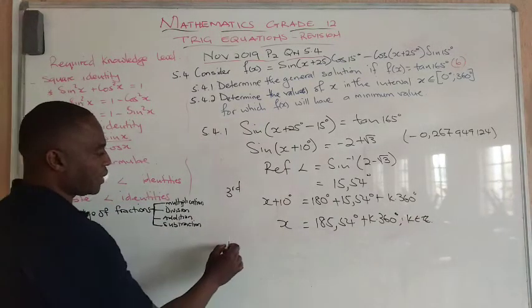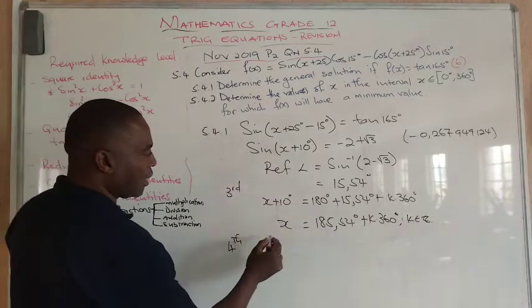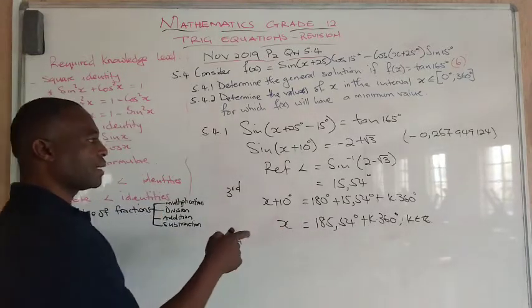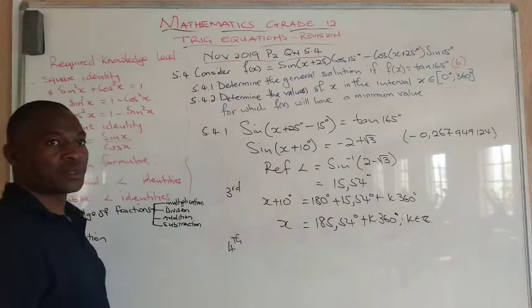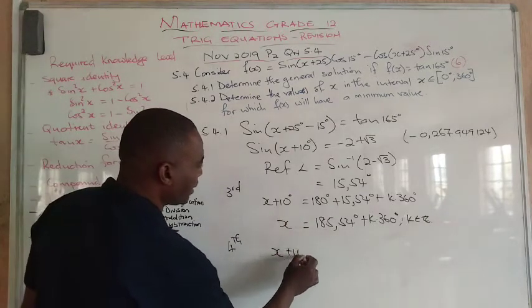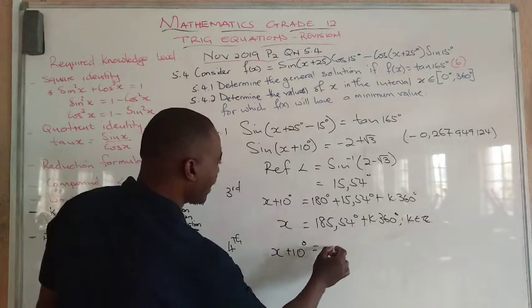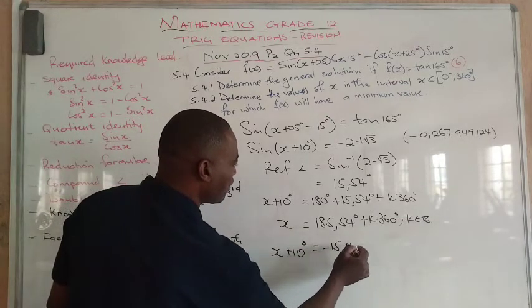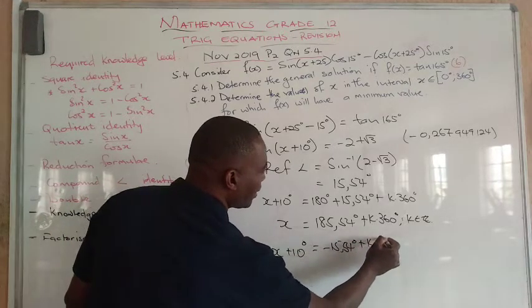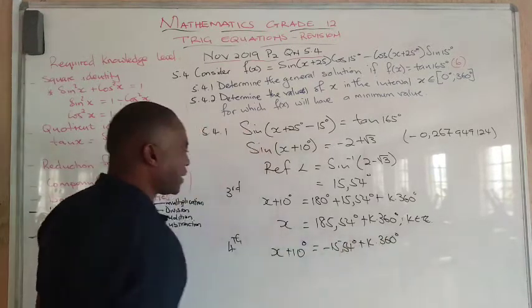In the fourth quadrant, we can write our angle as 360 minus, or we can just use the negative angle. So we can say x plus 10 degrees is equal to negative 15,54 degrees plus k times 360 degrees.